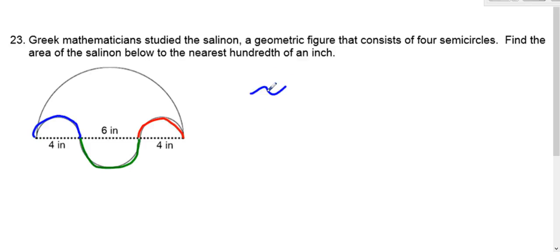To find the area of a circle, it's pi r squared. If it's a semicircle, it's 1/2 because it's half a circle. So we need the radius. I'll do this in black writing so it matches up.